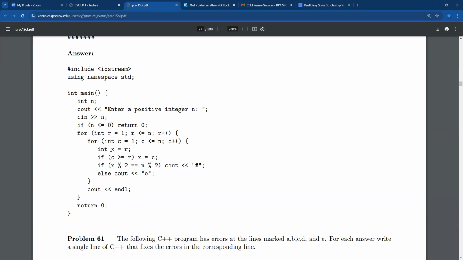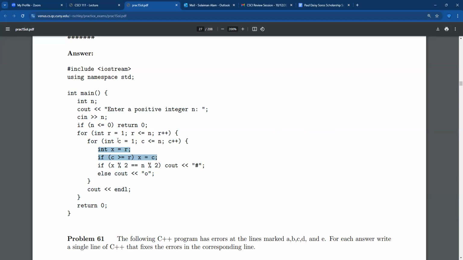But okay, so what we're basically seeing is these two lines are checking whether we're on a higher row number or a higher column number, if that makes sense.